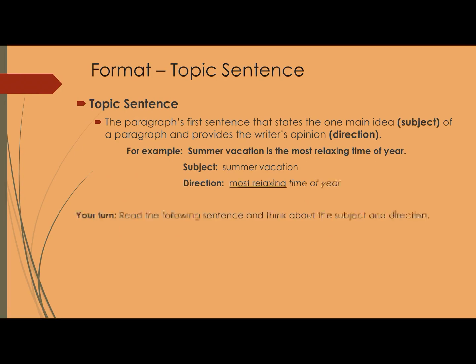Now your turn. Read the following sentence and think about the subject and direction of this sentence. Favorite colors indicate a great deal about a person's personality. I'll give you a few seconds to reread the sentence, and then we'll talk about the subject and direction.